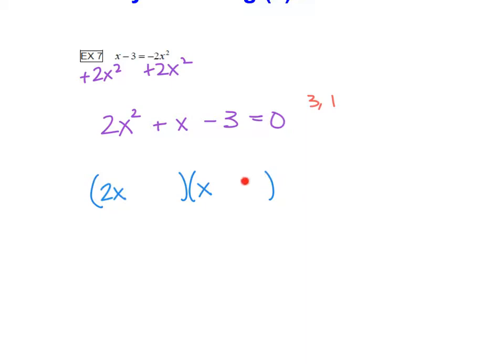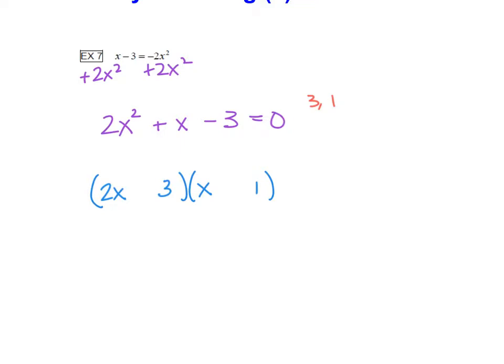If I put the 3 over here, if you remember, that ends up being multiplied with the 2x. So 2x times 3 is 6x. And I can see that we want it to add up to this middle term, and that's getting a little bit too big. So I'm going to start with the 3 right there, and I'm going to put the 1 right there. So just that thought of if the 3 was over here, that would give me a 6x when we do our checking. And 6x just seemed too big. So that made me try the 3 here first.